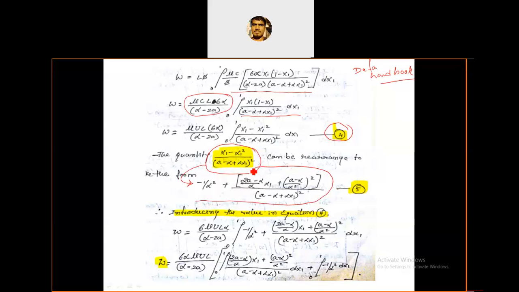So this term is equal to the above term. Wherever this term is there, you just replace it by this equation 5. So in equation 4, replace this term by equation 5, then equation 4 will become the same w, the same constant term, and in the place of this I wrote this, because it is easy to integrate.